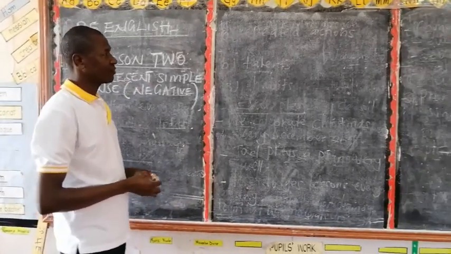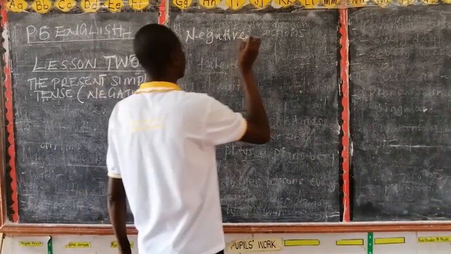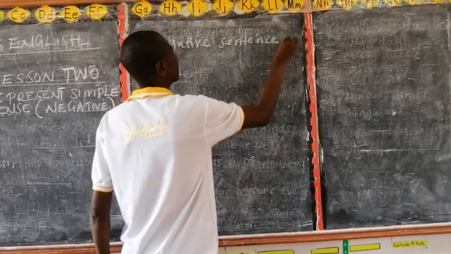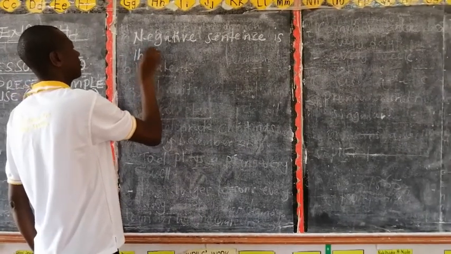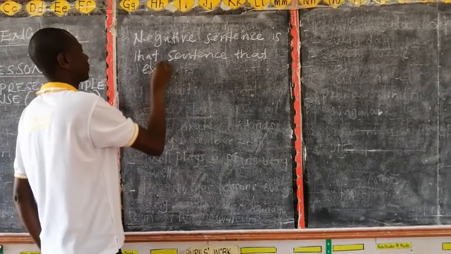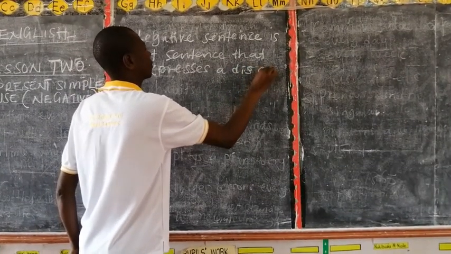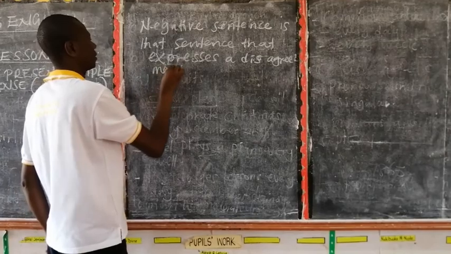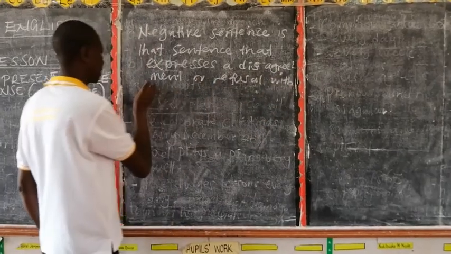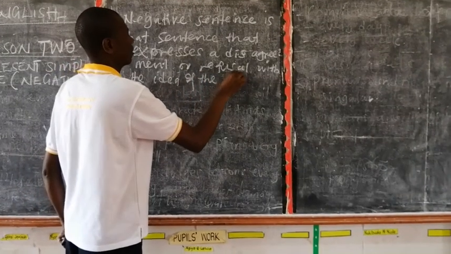So what is a negative sentence? A negative sentence is that sentence that expresses a disagreement, or refusal, with the idea of the word not.